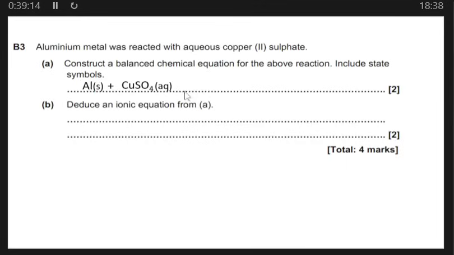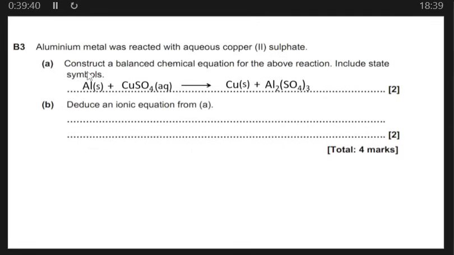So since this is aqueous, it will form aluminium sulfate, and copper would be displaced. So it will be like this equals copper solid, displaced as a metal, plus aluminium sulfate.